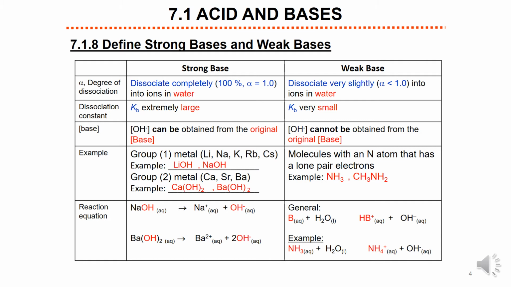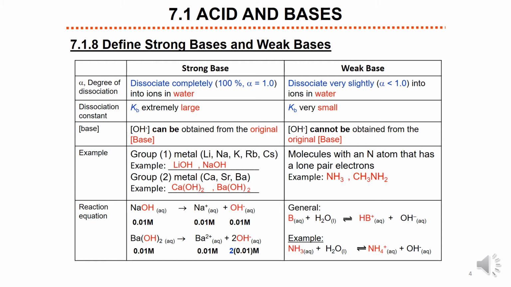Reaction equation. Consider we have NaOH, sodium hydroxide, as a strong base. Concentration of sodium hydroxide is 0.01, so the concentration of hydroxide ion is 0.01. For barium hydroxide, the concentration of barium hydroxide is 0.01, so the concentration of hydroxide ion is double the original concentration of barium hydroxide.